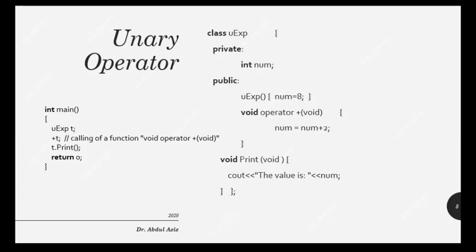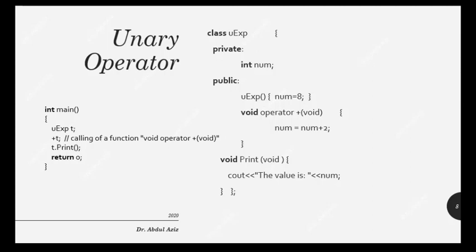So when we are using plus t, the operator is called, so it is going to increment the value of my local variable, that is num, and the value will be changed from 8 to 10, which means 2 will be added.